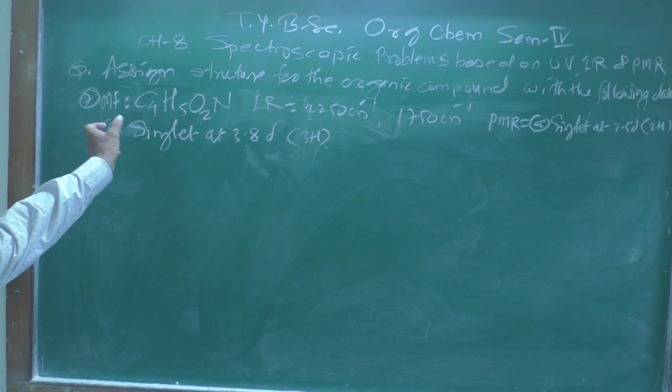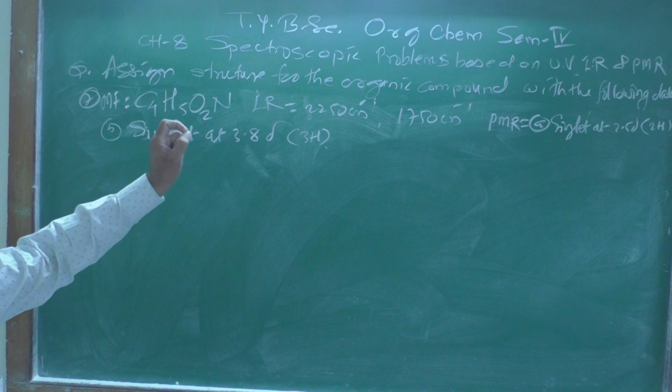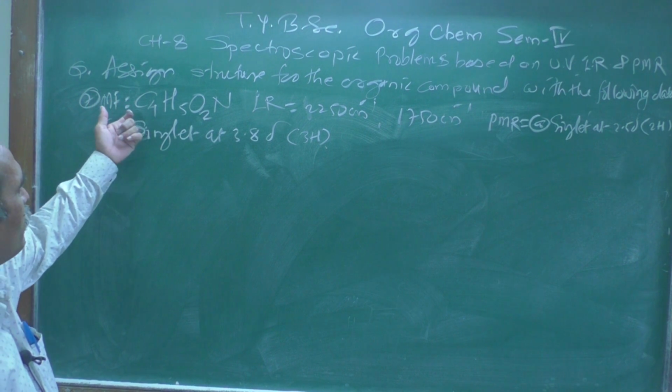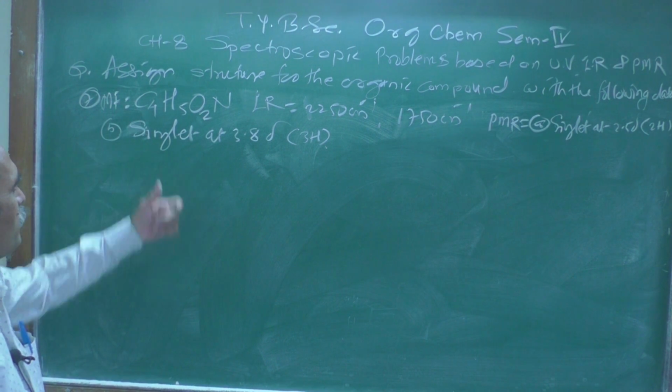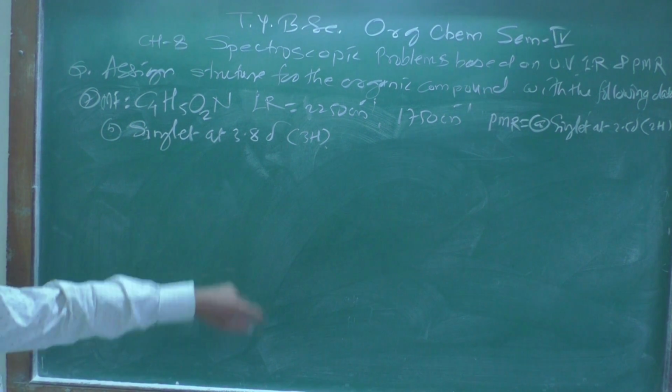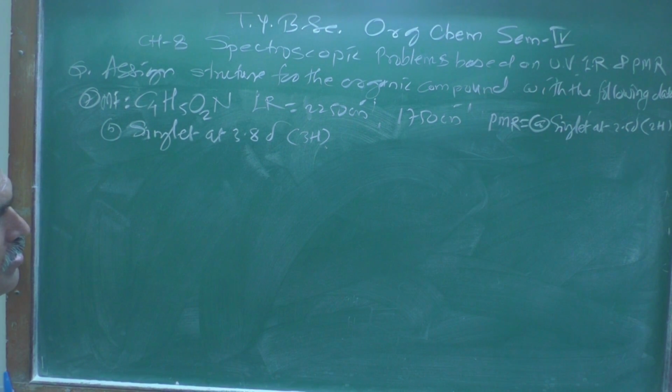Assign the structure for the organic compound with the following data. They have given us the molecular formula C4H5O2N, IR values 2250 per centimeter and 1715 per centimeter.